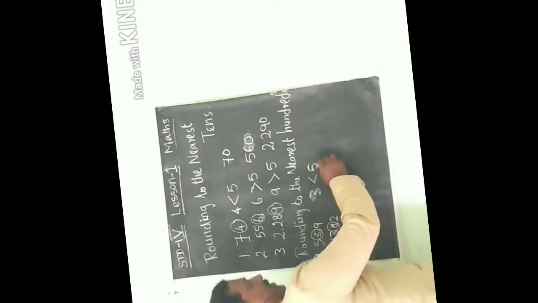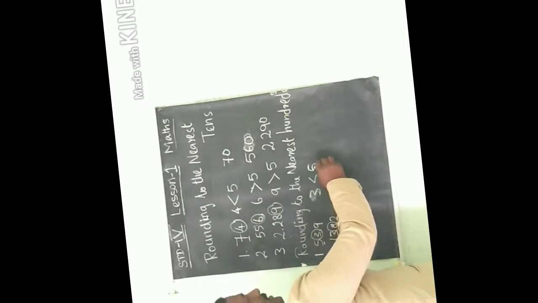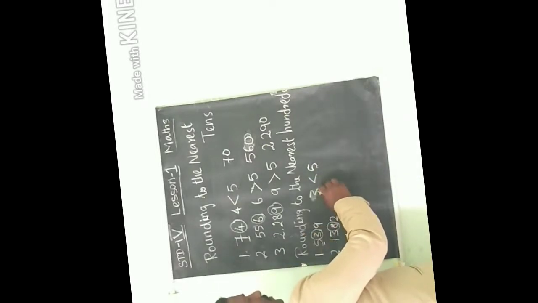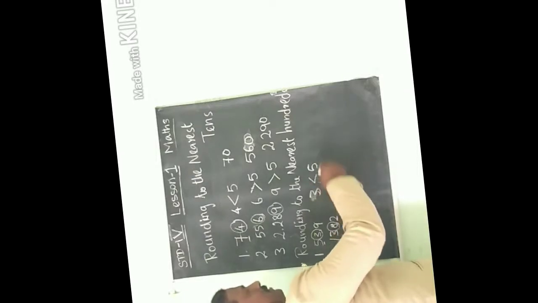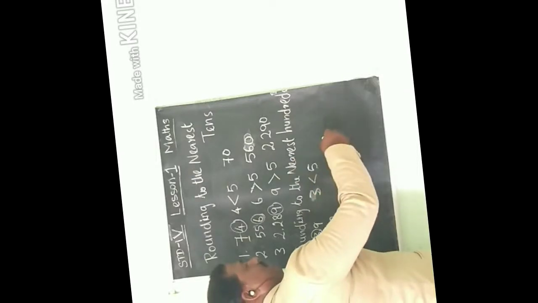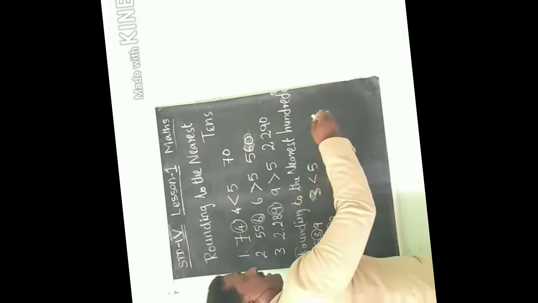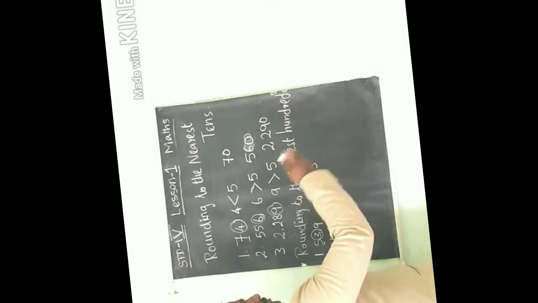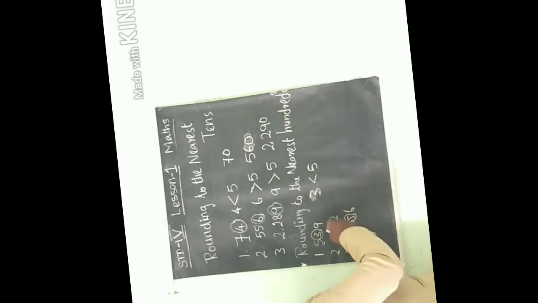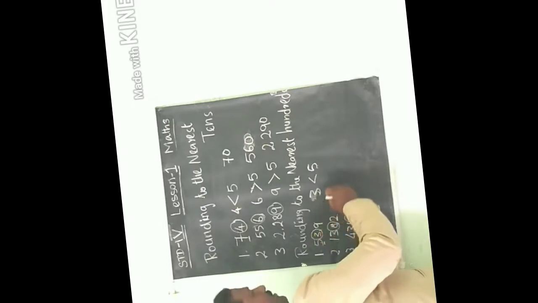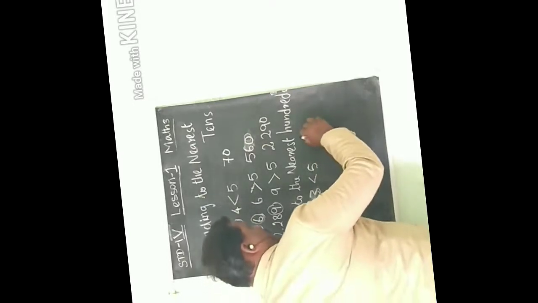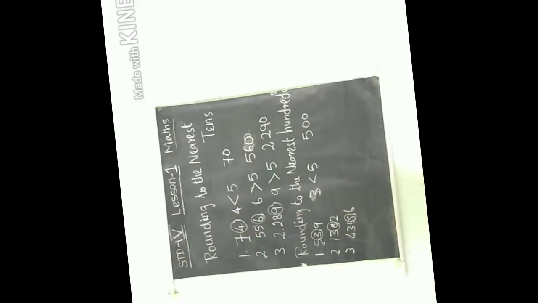If the digit is above 5, we take the right side rounding number, but now we have to take the left side rounding number. So it is 500. Only 500. Okay, this is the rounding number.